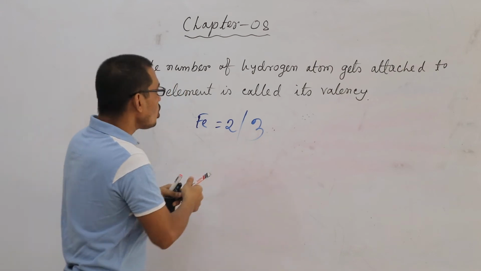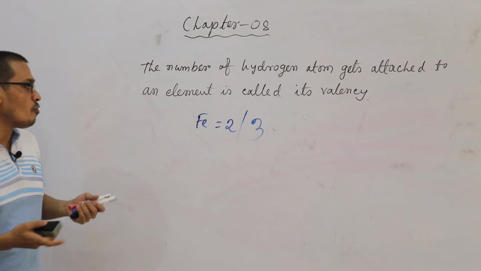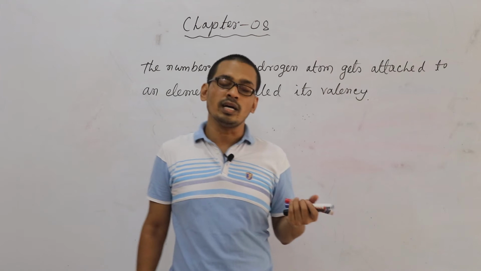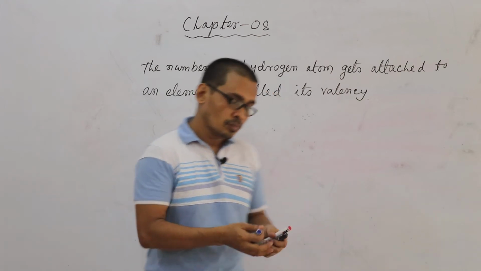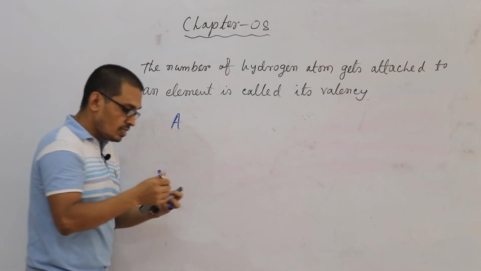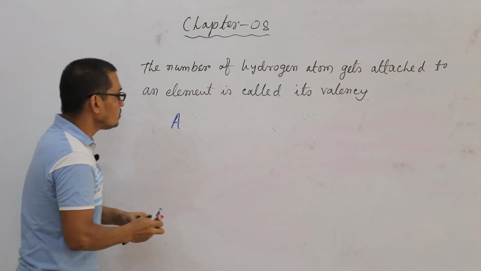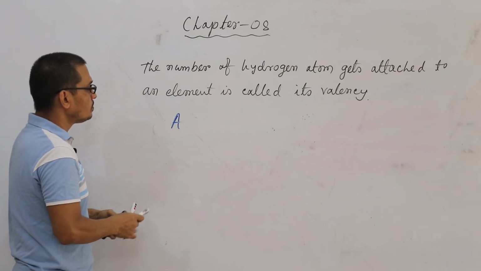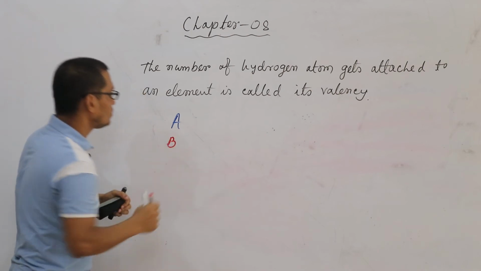Now we will form compounds. We will write the formula of compounds and molecules. I have told you that there are some rules to form the formula of a compound. Look, suppose A is an element and B is another element.